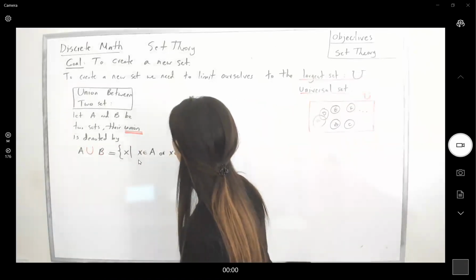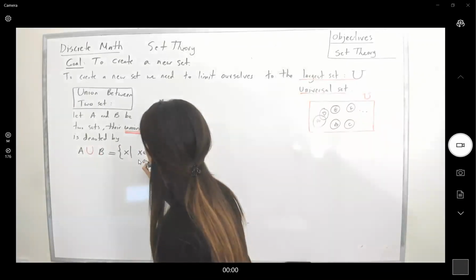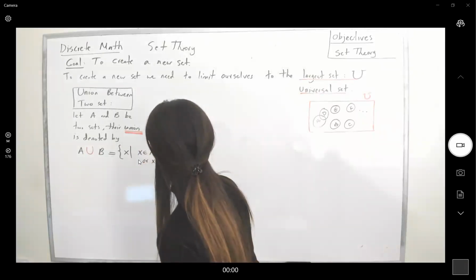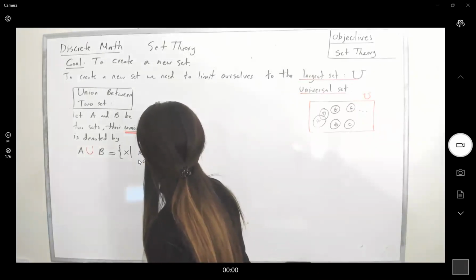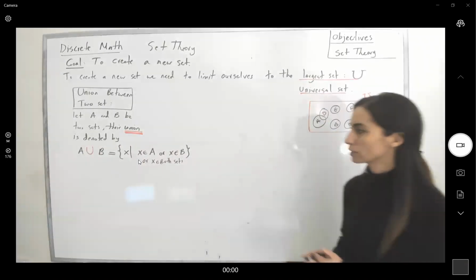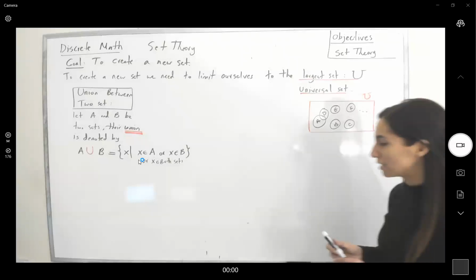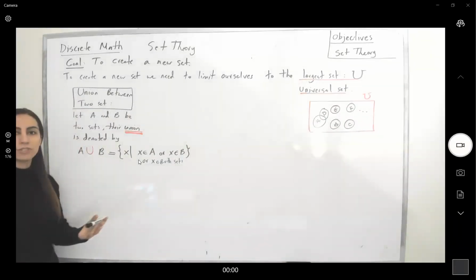So either in the first one or second one or both of them. X belongs to A or B or both. That's how we define the union between two sets. How do we denote that? By A union B.